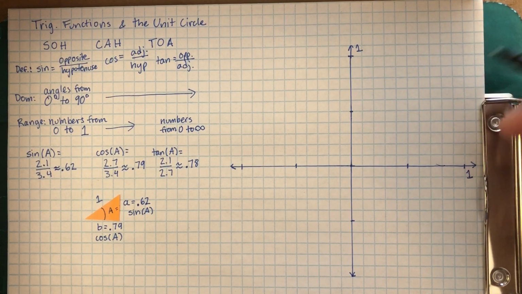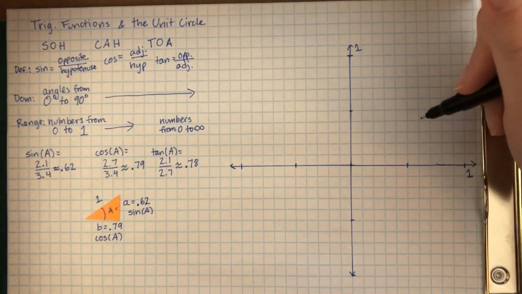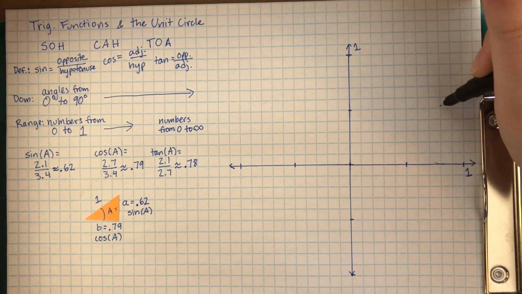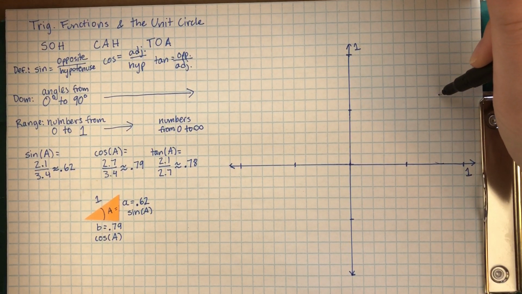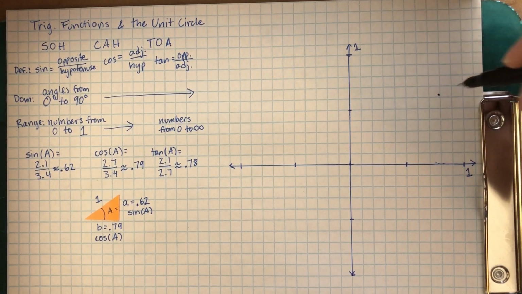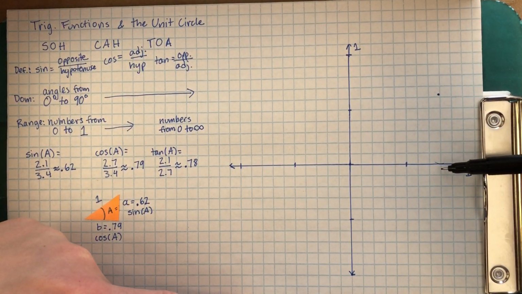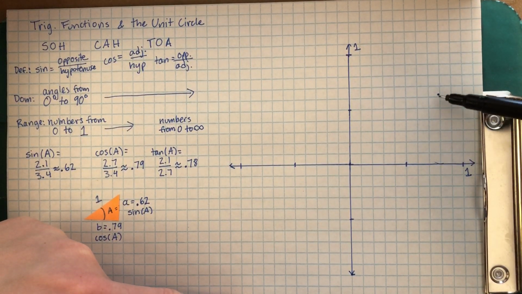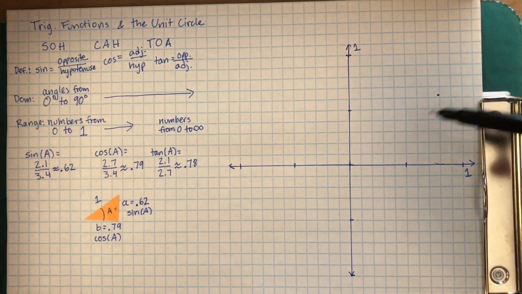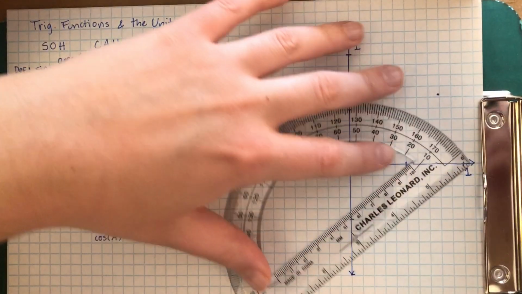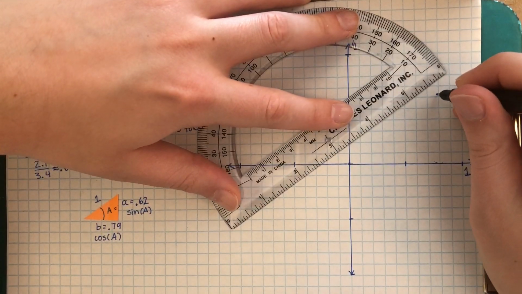And I know that my height here should be 0.62. So that's going to be right here. So I went over to 0.79 and up to 0.62 using this scale that I drew. Now I'm going to draw this triangle.